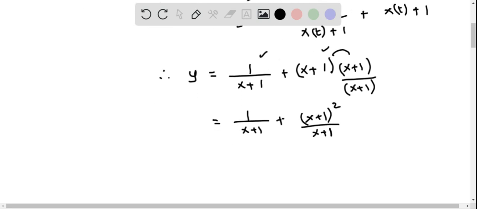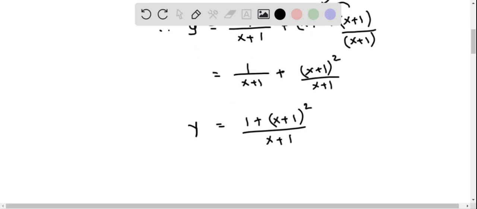So now we have the common denominator x plus 1, which means we can combine these two fractions and write this as 1 plus x plus 1 quantity squared, over x plus 1. So this is the equation involving x and y after removing the t parameter.